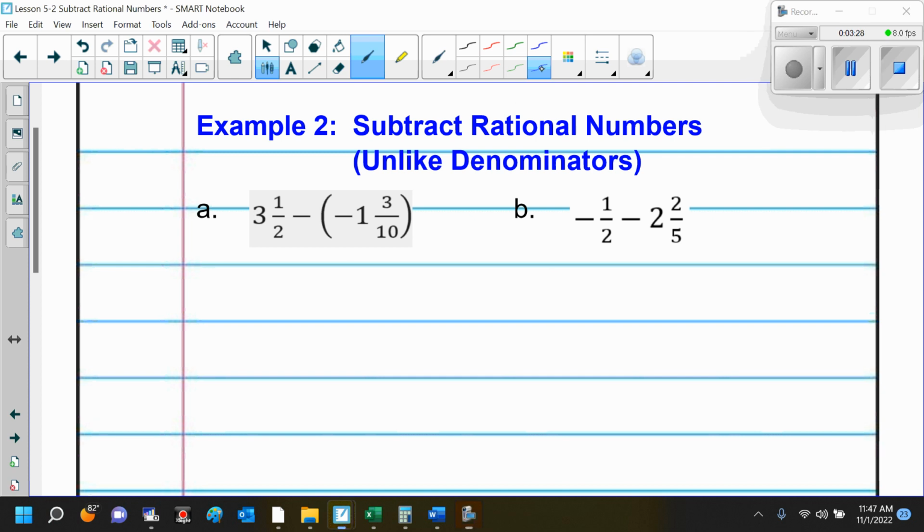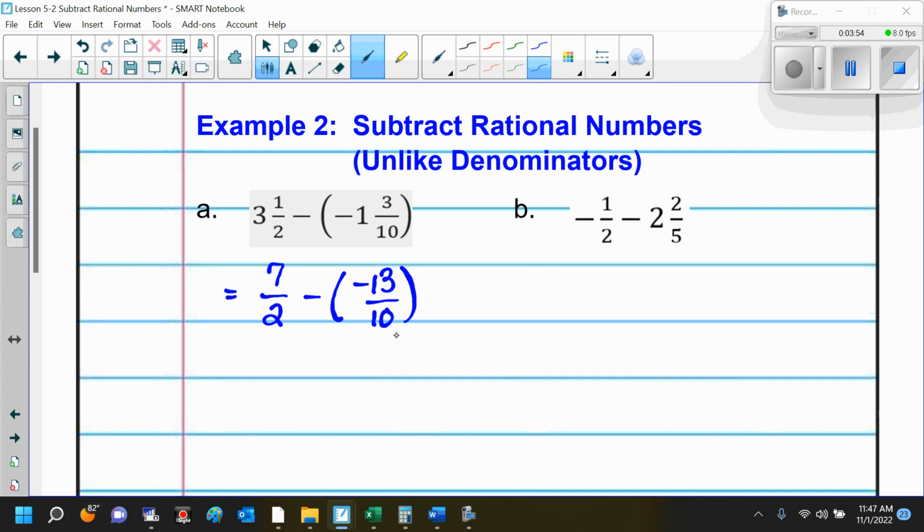Very good. So here we have 3 times 2 is 6, plus 1 is 7. So this is 7 halves. Minus, and this is going to be 1 times 10 is 10, plus 3 is 13. So this is going to be a negative 13 tenths.